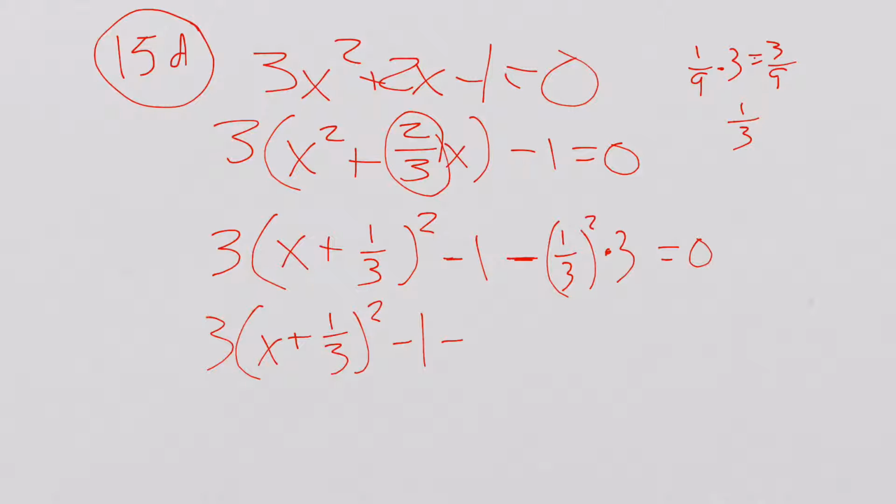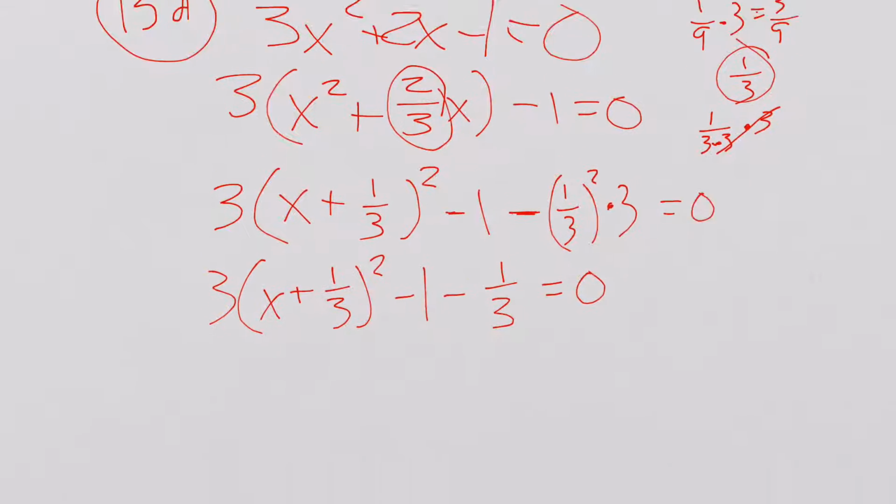If you think quite literally about what we're doing, we're squaring 1/3, which means 1 over 3 times 3 is 1/3 squared. But if we're multiplying that by another 3, then one of those 3's cancel, and you're just left with that 1/3. So minus 1 minus 1/3 equals 0.